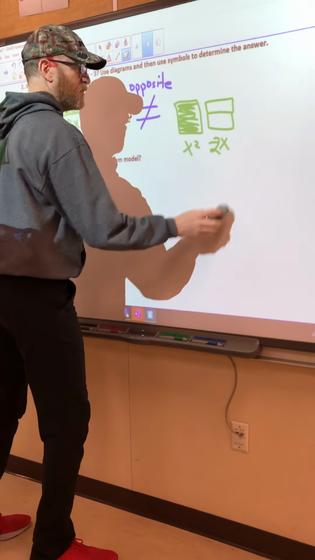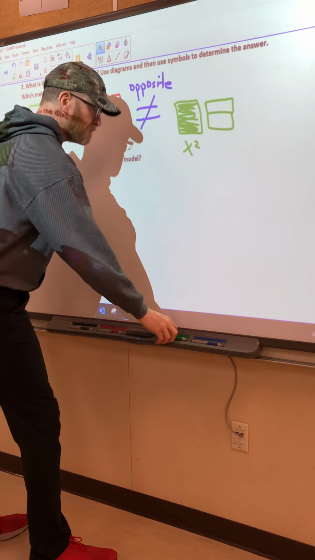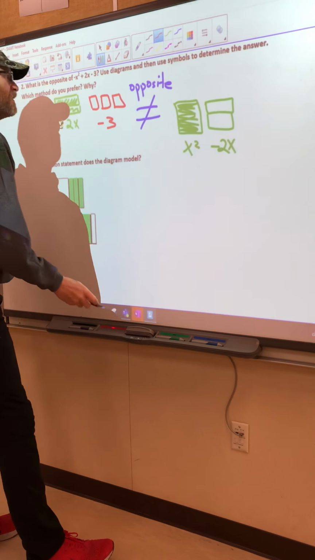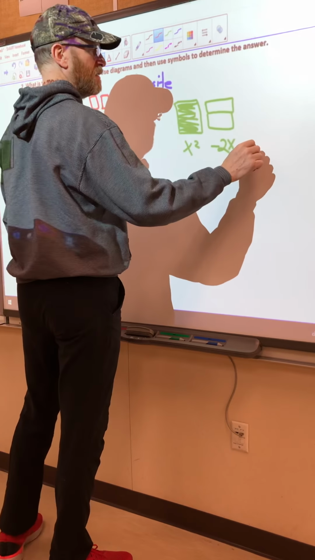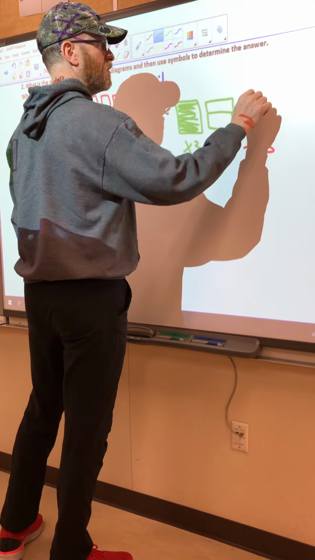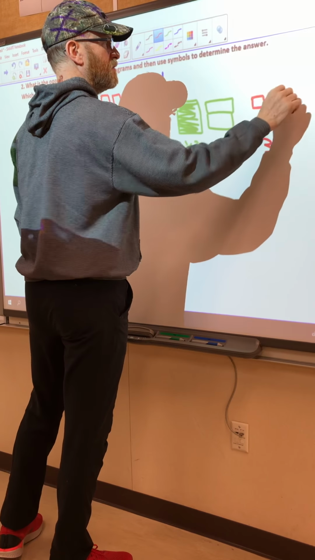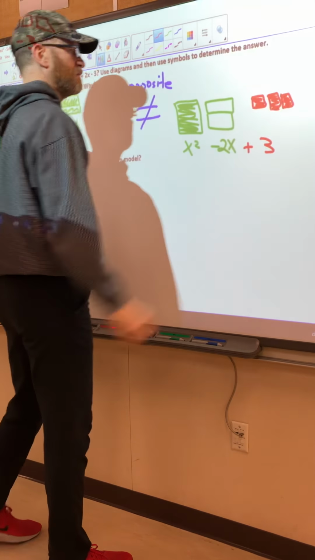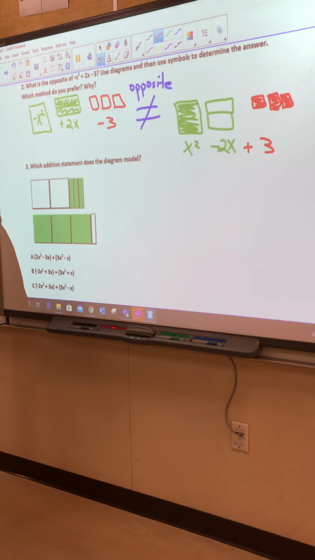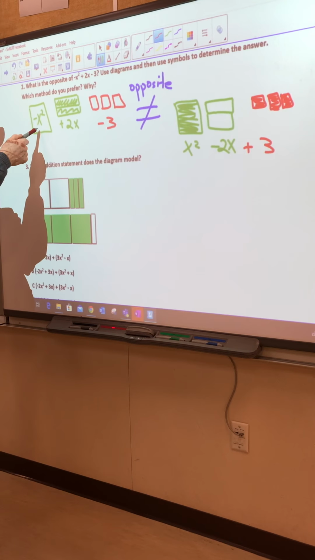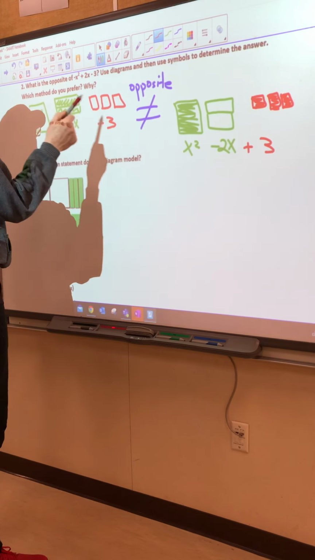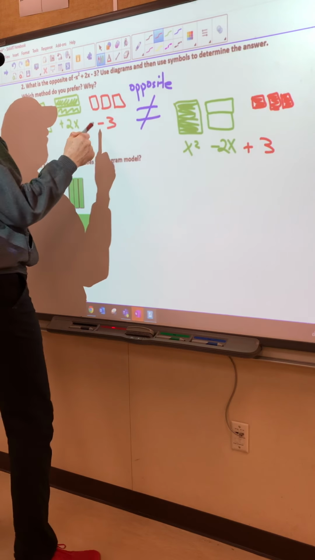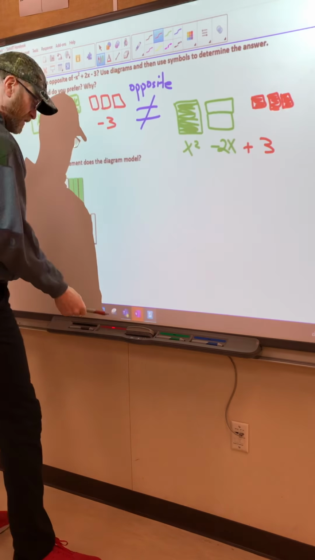I think I should probably erase that. And then plus 3. Plus 3. 1, 2, 3. Shade them in. Negative x squared, opposite, x squared. 2x, opposite, negative 2x. Negative 3, opposite, positive 3. Very good.